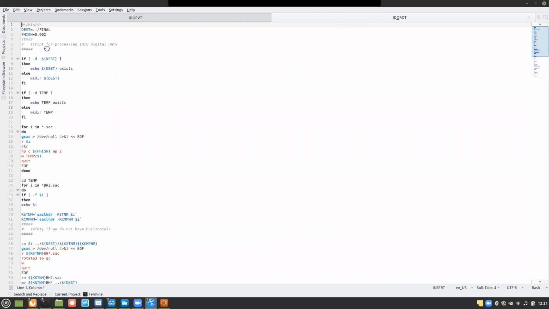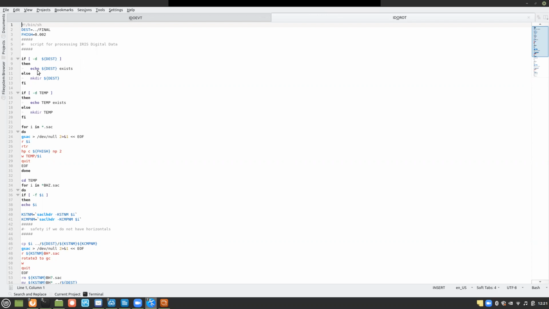Here it just sets some variables, destination file, final, some high frequency thing, I think, for filtering, and then signal strip for processing. Okay, IRIS data signal.